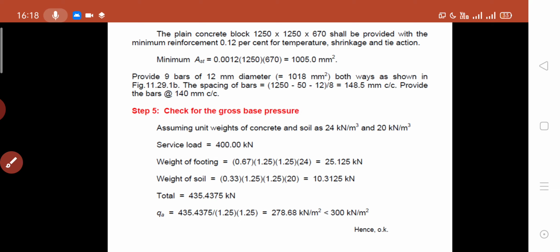Next, fifth step, check for the gross base pressure, assuming unit weights of concrete and soil.